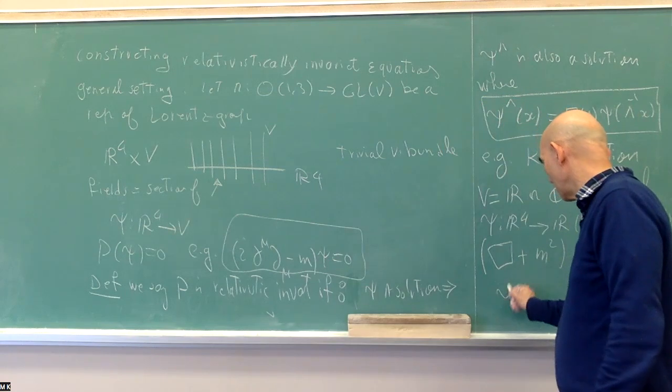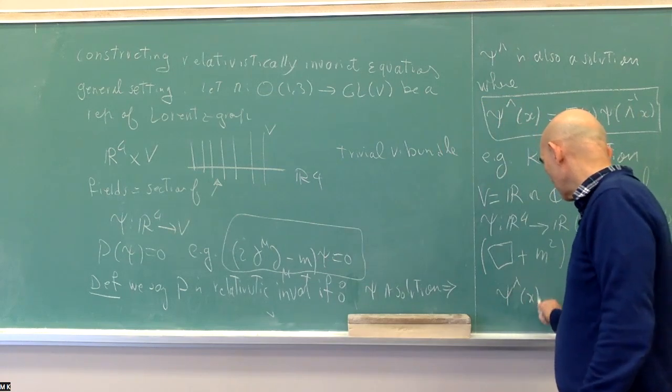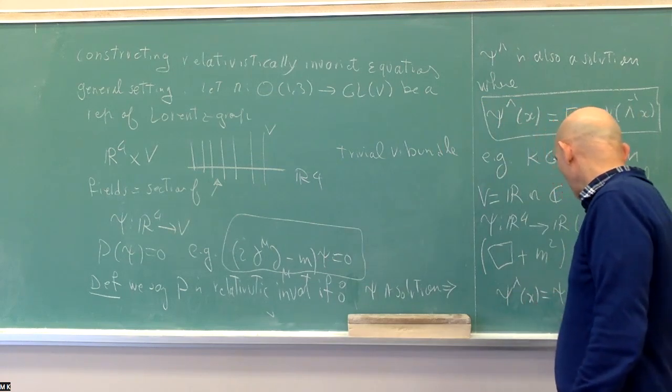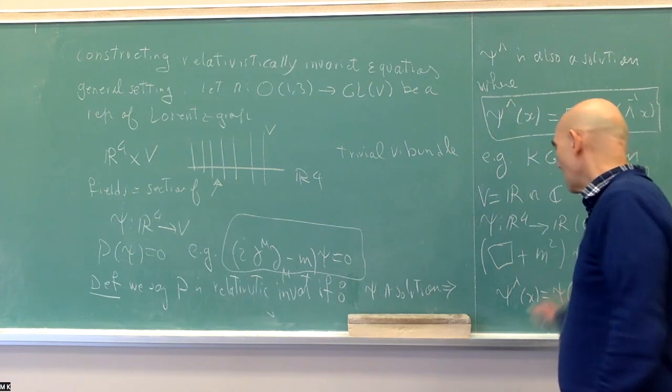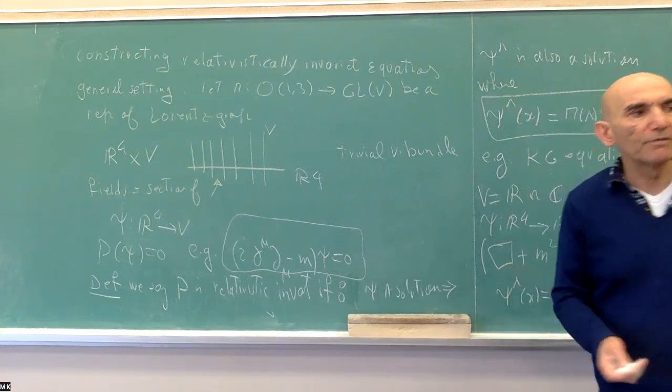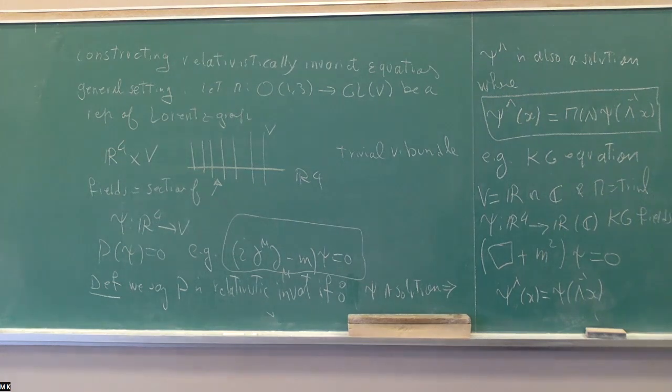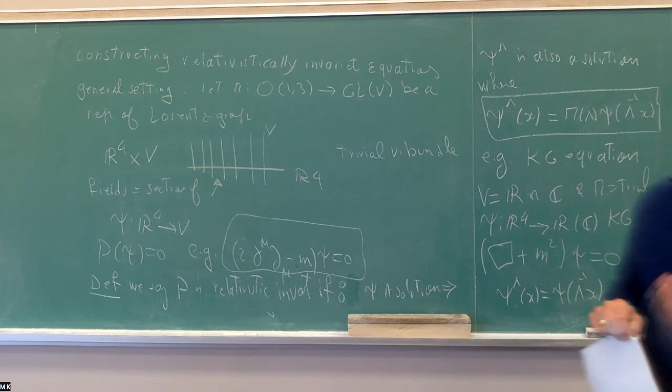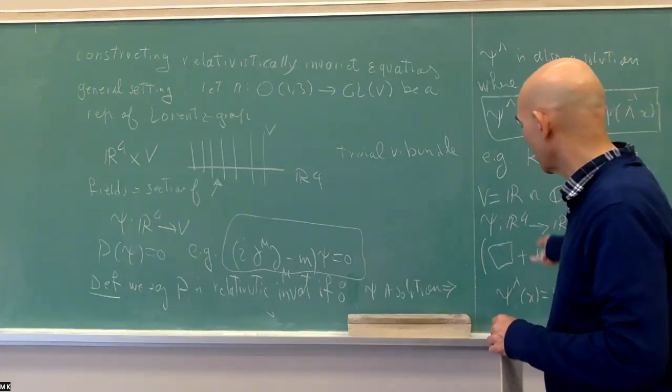Psi lambda of x is equal to psi of lambda inverse of x. And all of this boils down to the fact that the Laplacian of a Riemannian manifold or Lorentzian manifold is invariant under the action of the isometry group, which is very reasonable to believe, and you can check.